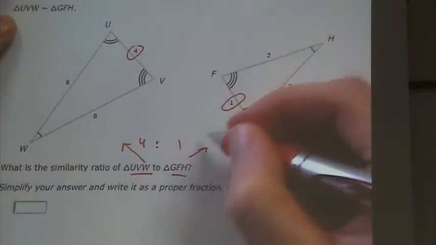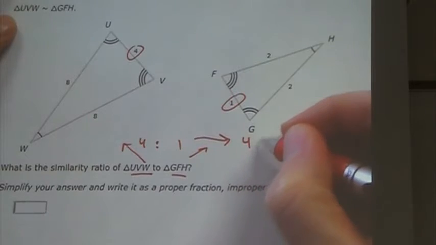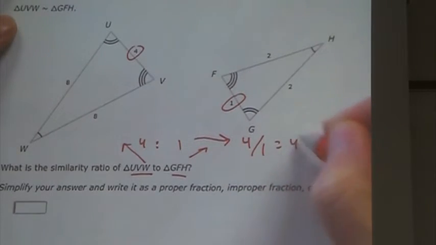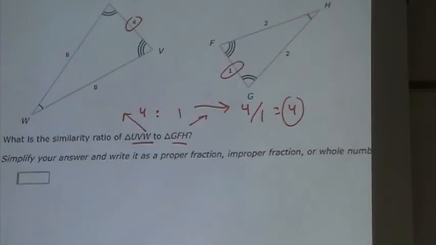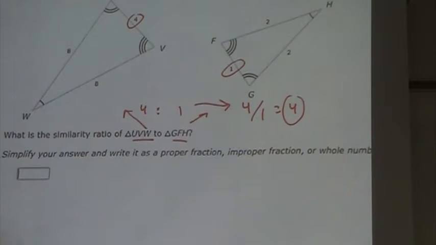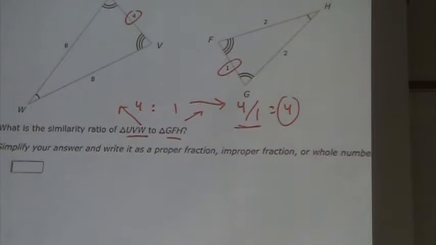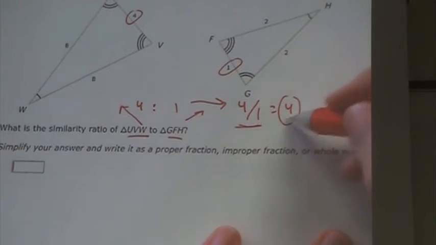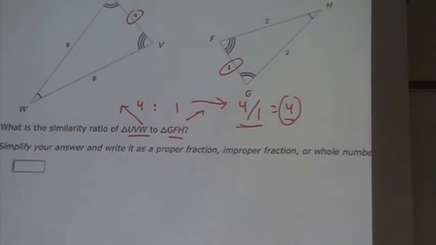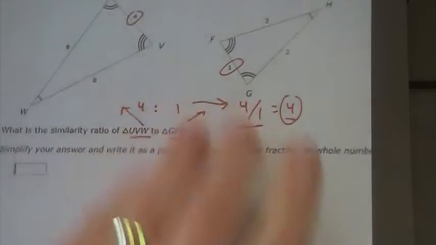Or, as a fraction, 4 over 1, which would just be 4. Because it's a ratio, they might want you to write it as a fraction. I don't know how IXL wants you to do that, though. I'd try 4 first, because IXL likes you to reuse everything. And it says simplify them.